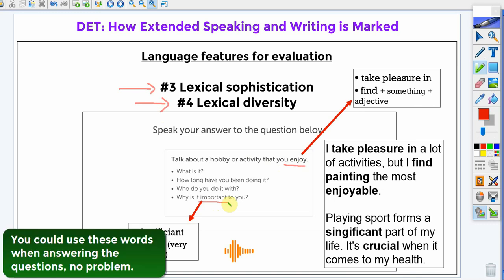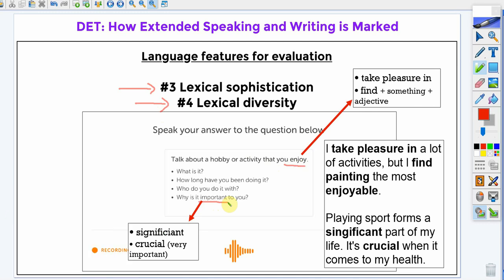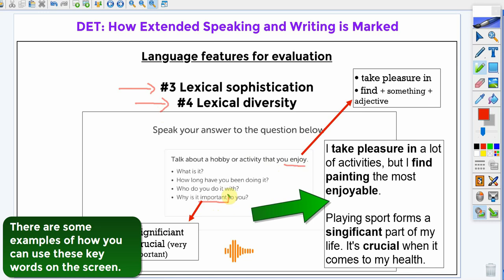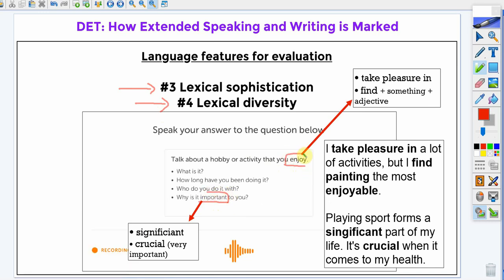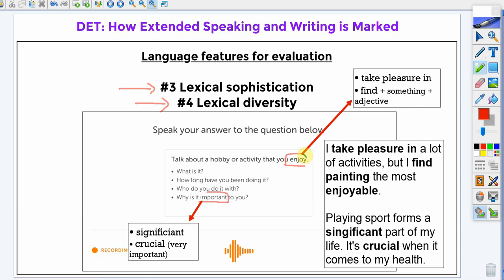You could use these words when answering the questions, no problem, but it'd be a bad idea to use them lots of times. There are some examples of how you can use these key words on the screen. I suggest that you pause the video so that you can read the sentences carefully.